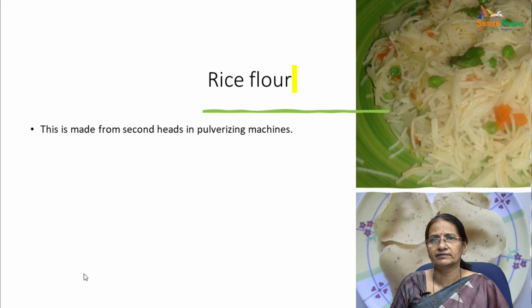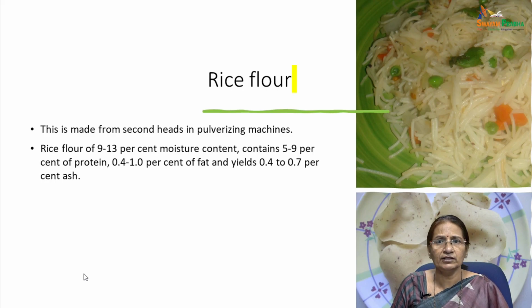Now, rice flour. This is made from second heads in pulverizing machines. Rice flour of 9 to 13% moisture content contains 5 to 9% of protein, 0.4 to 1% of fat, and yields 0.4 to 0.7% ash.